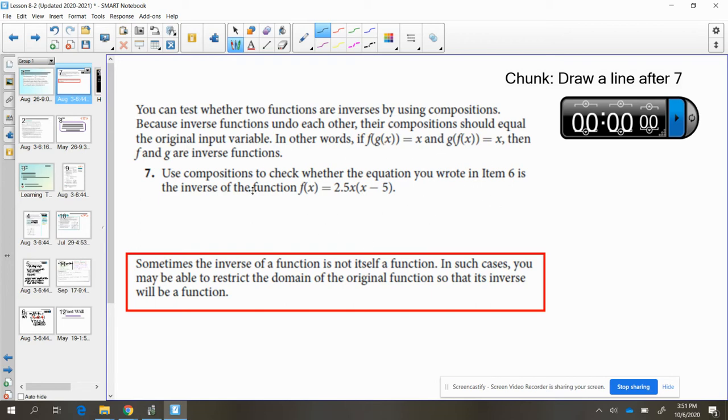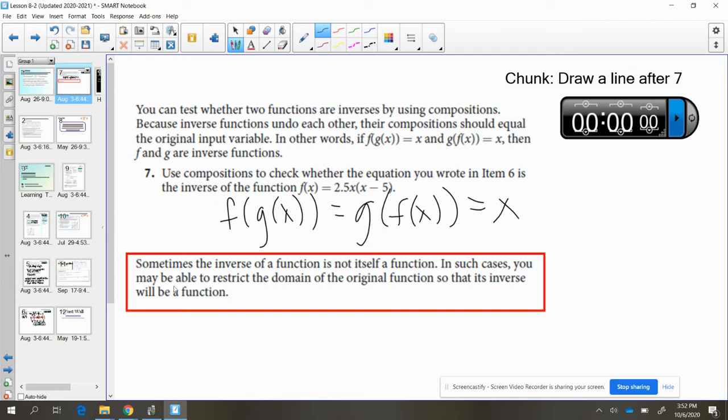So if we tested this out, we would notice that these are in fact inverses of one another, because when we take their compositions, f of g of x and g of f of x, both of those end up resulting in x, right?